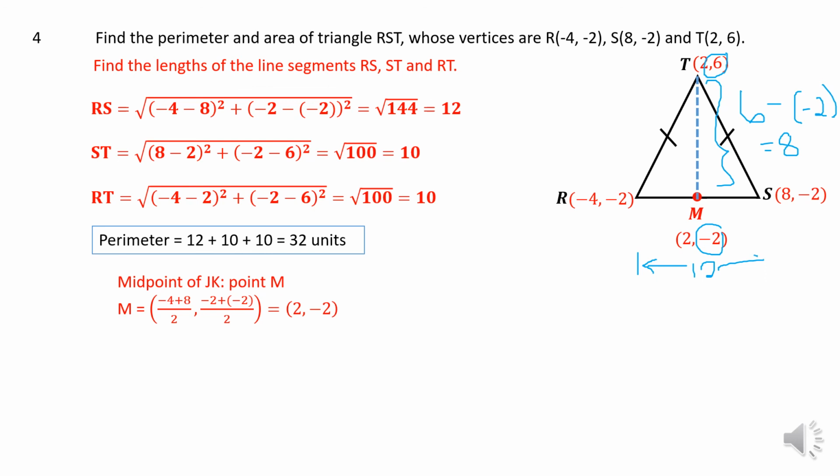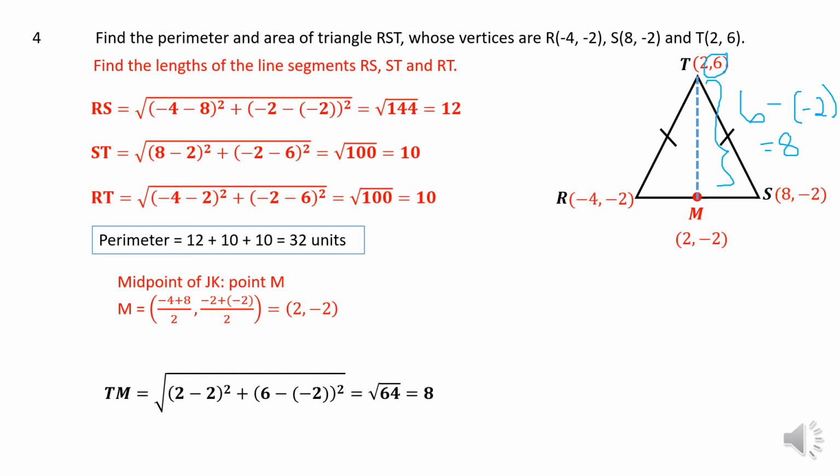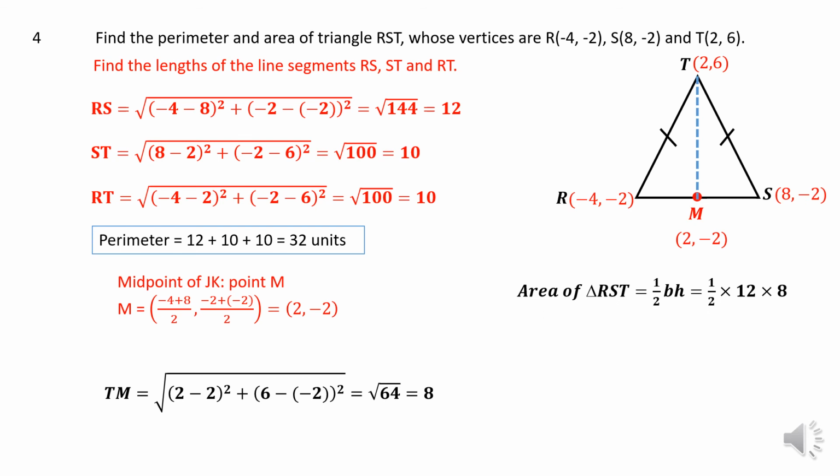So we can therefore find the area by simply using half times base times height. We know what our height is, but you can also calculate it, obviously. I already showed you that it's equal to 8, but you can calculate it using your line segment TM. Now that you have that, 12 times 8, half of that, gives you the area of this triangle, which is 48 square units.